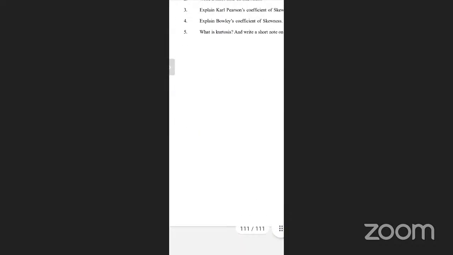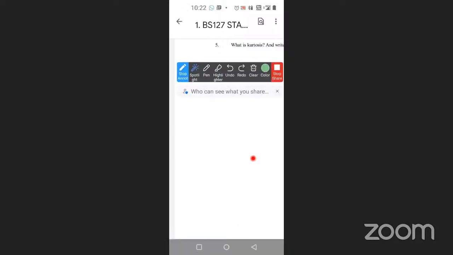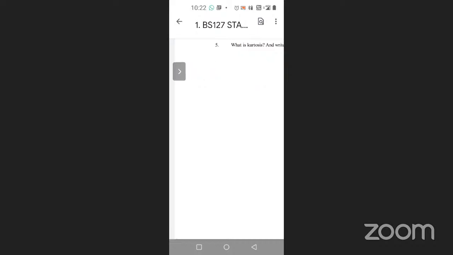Block number 2, we are having 3 units. One is known as measures of central tendency, one is known as measures of dispersion, and one is known as measures of moments. So up to here we have completed block 2, that is 6 units are completed.